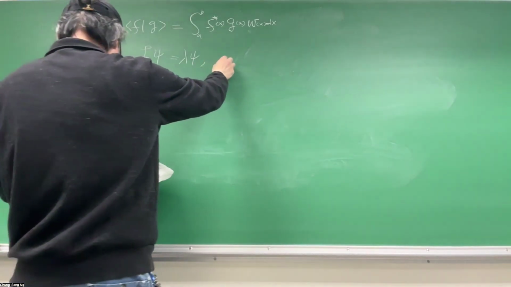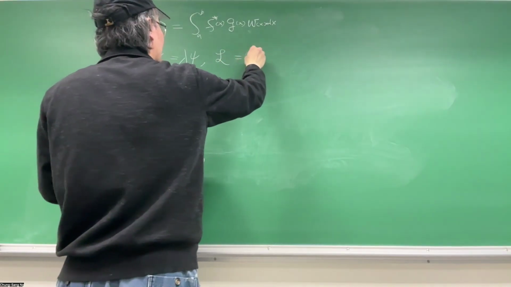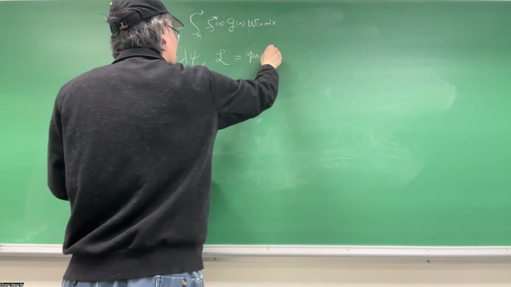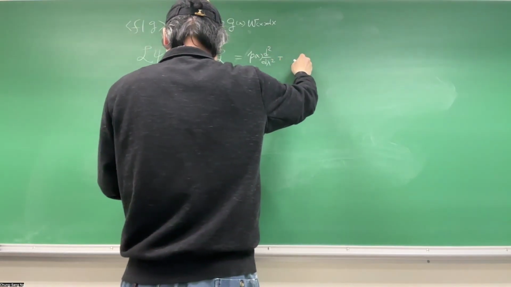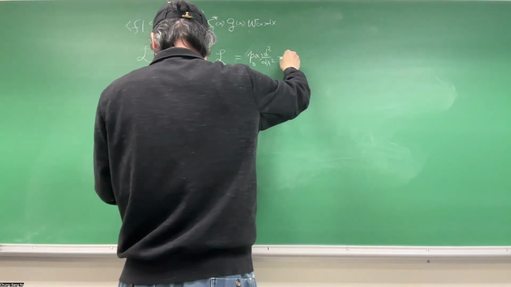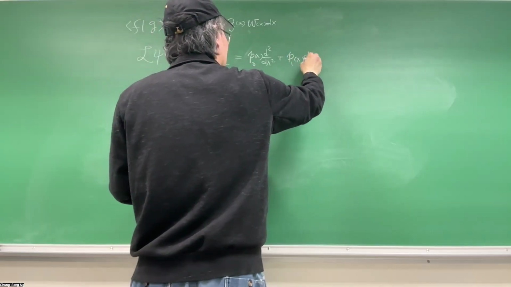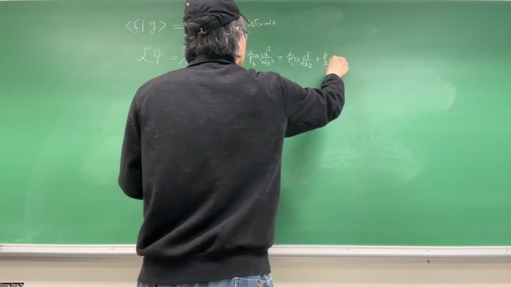So that's the eigenvalue problem, and the differential operator L is given by p sub 0 of x d squared dx squared plus p sub 1 of x d/dx plus p sub 2 of x.